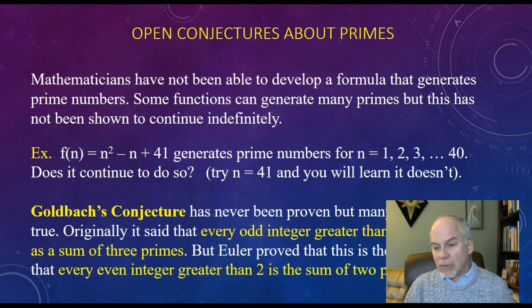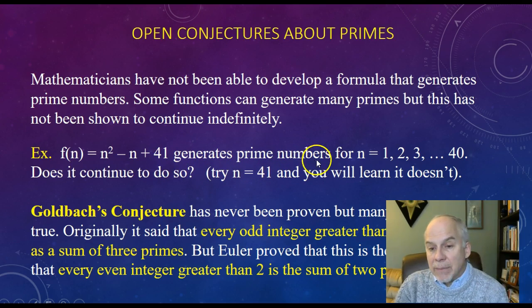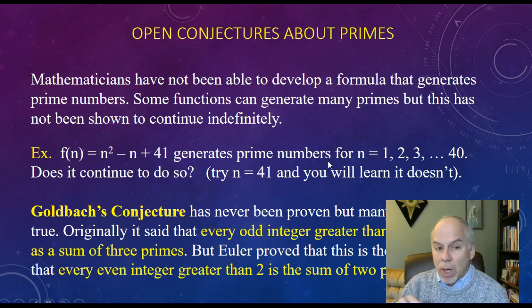A lot of formulas that they thought were able to generate prime numbers, as many as we wanted, actually do not. Here's an example, the function f of n equals n squared minus n plus 41. That will generate prime numbers if you plug in n is 1, n is 2, n is 3, n is 4, all the way till n is 40.